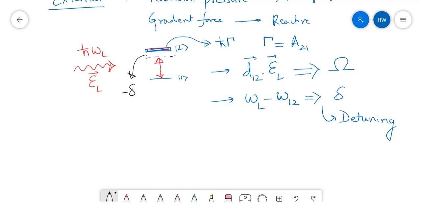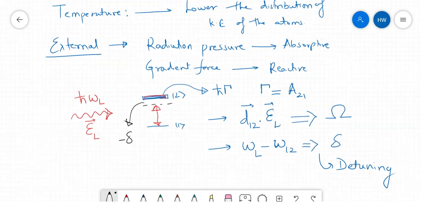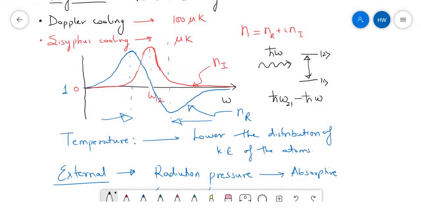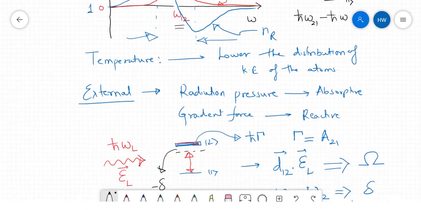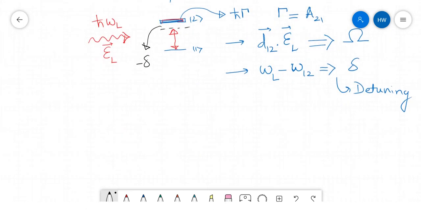So you can clearly see, let's get back to our previous graph. You can clearly see that the response, the imaginary part, is largely dominant around delta equal to 0. That is when the atomic resonance omega 1, 2 matches with the field omega. Whereas the delta not equal to 0, that is the region which is away from it, is where the dispersive response comes in.